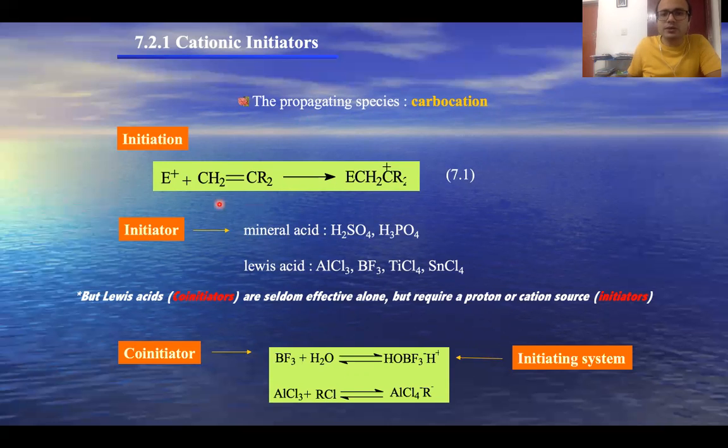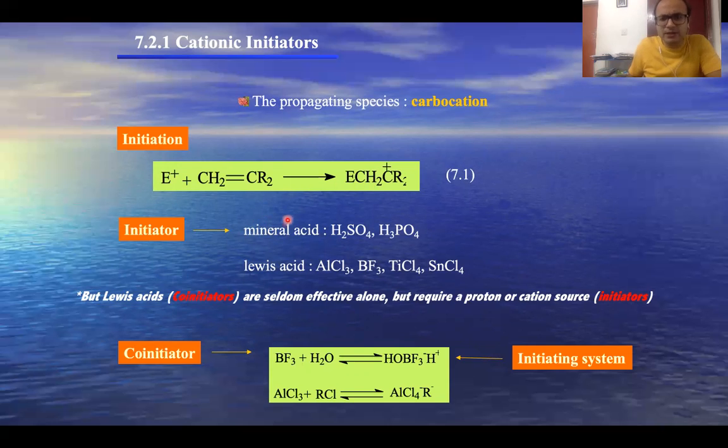This is the basic thing that happens when you have a cation based initiator. It activates the monomer by reacting with it and in turn generates a carbocation. And this initial species, like in the case of free radical, we will call the initiator monomer cation, or initiator monomer cation complex.